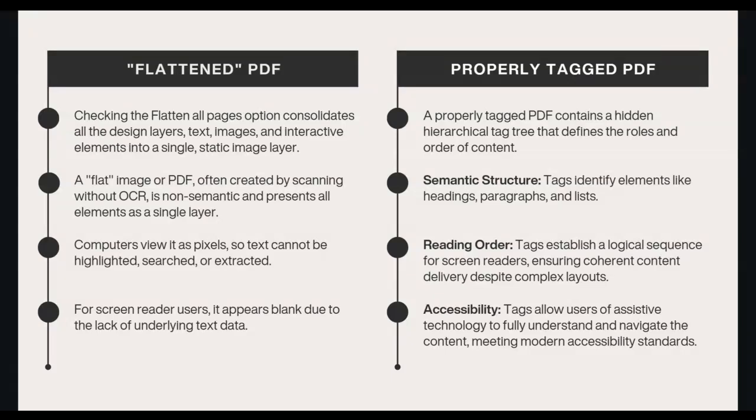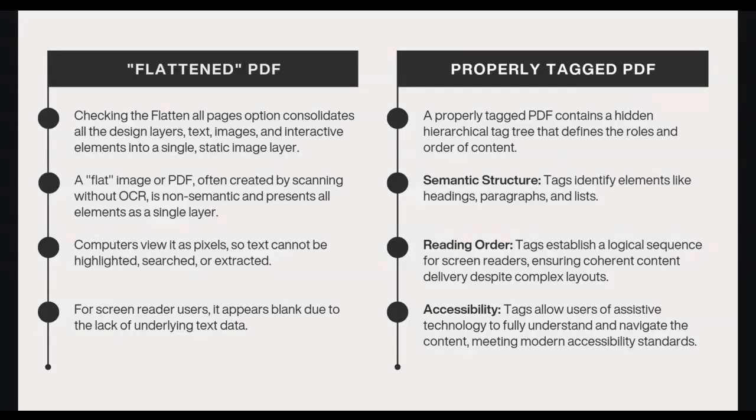The flattened PDF: I'm sure that when you're saving something as a PDF, or working in Acrobat or Canva, you have seen this option, flattened PDF. What this means is all pages. So let's say you have images, headings, a divider line, and tables.